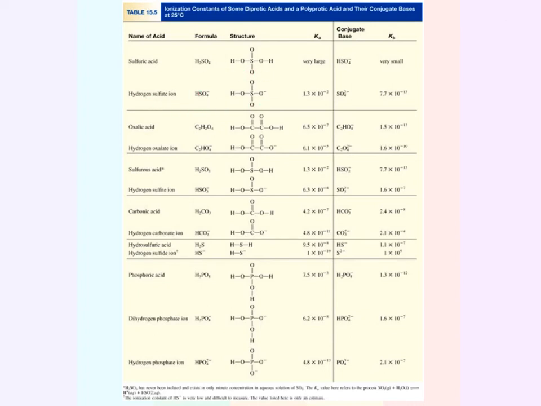HSO4 minus has a Ka value as follows. The SO4 2 minus, the sulfate ion that's produced, has a Kb value of the following. If we use the relationship between these two conjugates, we would be able to solve for one or the other. So if I was given Kb, I could plug in Kb and Kw, manipulate this equation, solve for Ka, and find my Ka value for this acid-base pair.